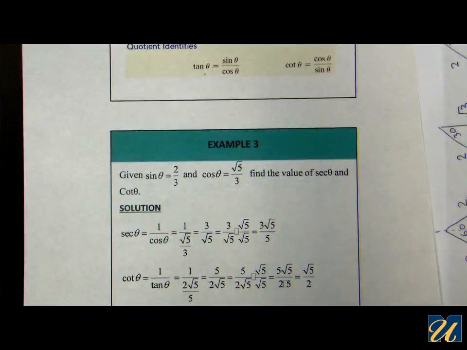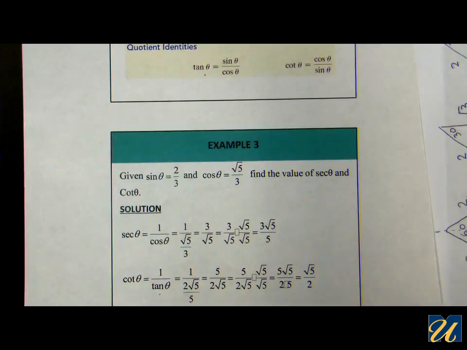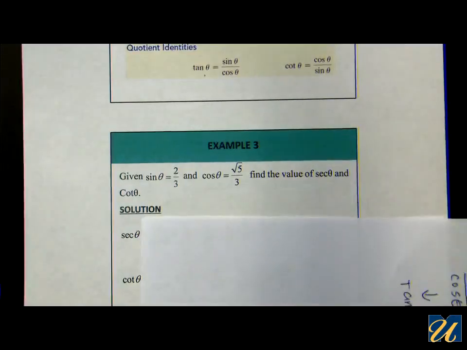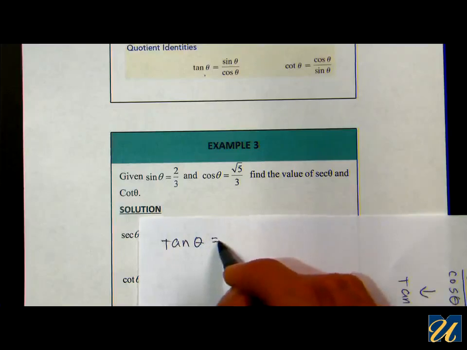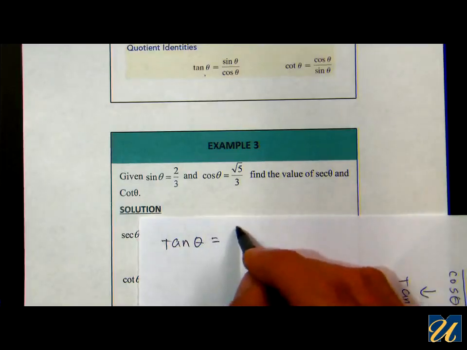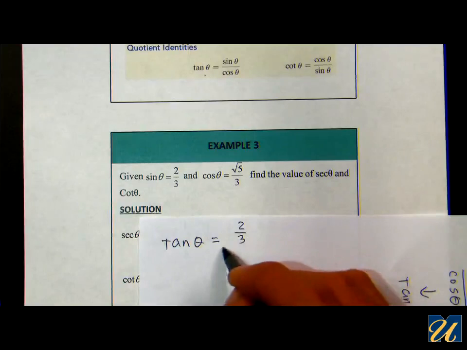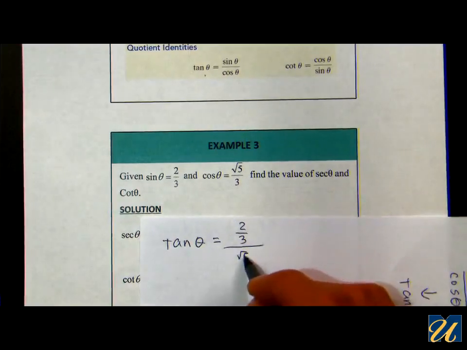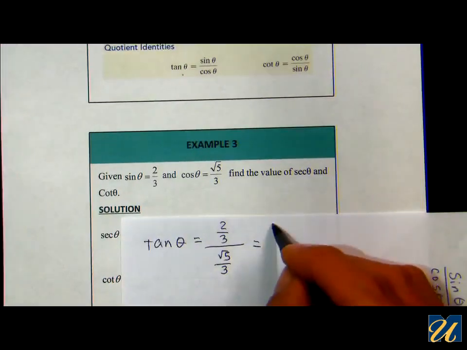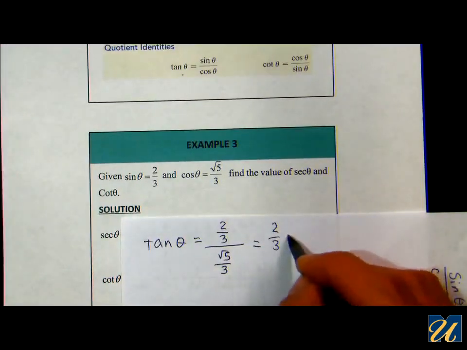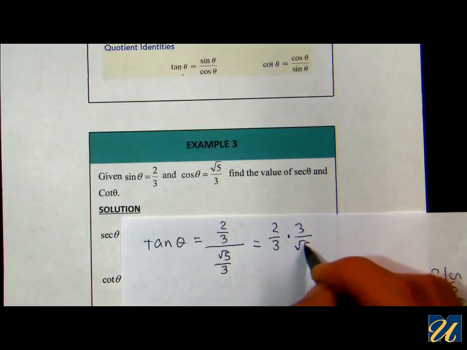The cotangent, well, you could define it as the reciprocal of the tangent, but we need to get the tangent first. So let's do that. The tangent of the angle is the sine divided by the cosine. So that's 2/3 divided by root 5 over 3. Let's simplify that. 2/3 times 3 over root 5.